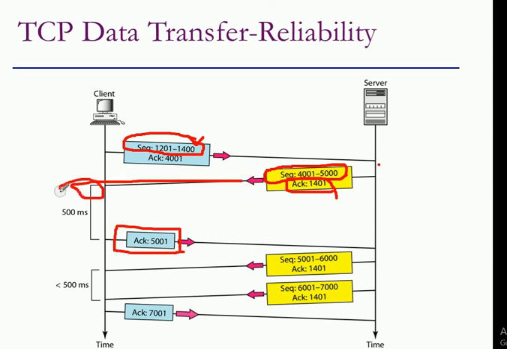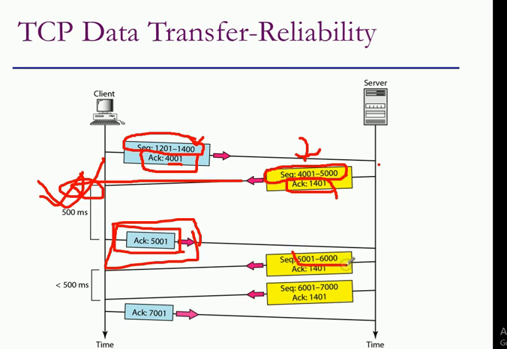He received this. Once it is received, the acknowledgement has changed to 501, which was 401 over here, 4001, because he did not receive this yet. After receiving this, the acknowledgement changed. So the sequence number will change too.